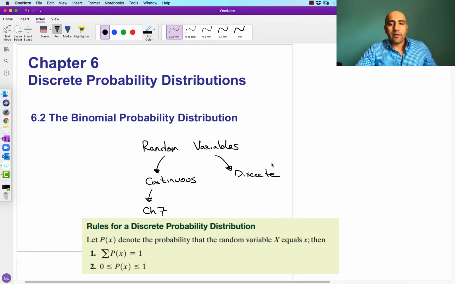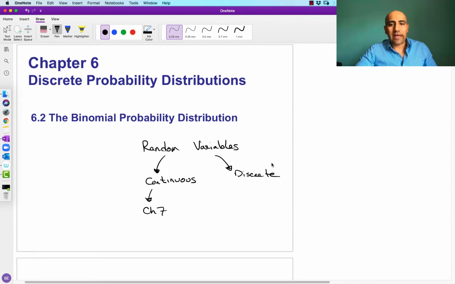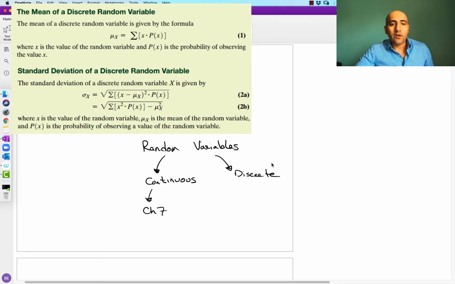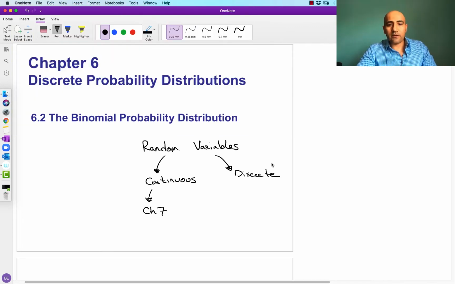In 6.1, we also looked at a formula for the mean and a formula for the standard deviation of a discrete random variable. Those formulas are valid for any discrete random variable. But what we're going to do here is look at one specific type of discrete random variable, and that's binomial. Within the larger umbrella of all discrete random variables, there exists a unique, special little subset that is a binomial.